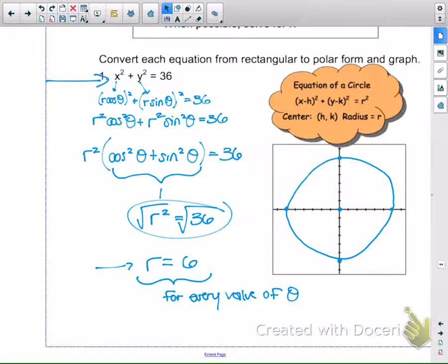So for every angle around your polar graph, your r is 6. So r equals any number by itself in polar means that you have a circle. That's a basic equation for polar.